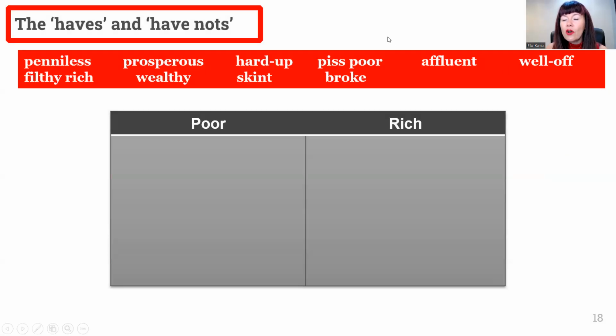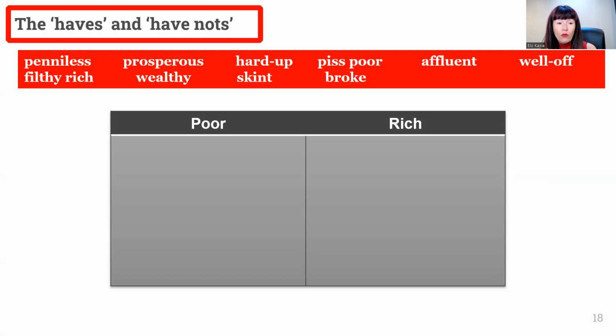And here you're going to talk about the haves and the have-nots, as they are sometimes called in English, and that means poor people and rich people. So I have some adjectives here, and I want you to put them in the right column.